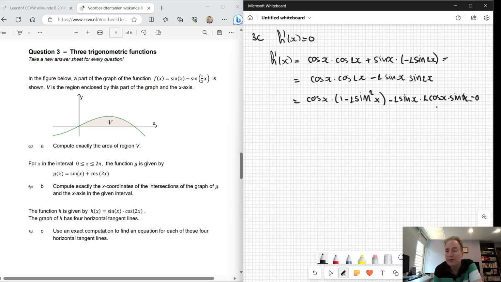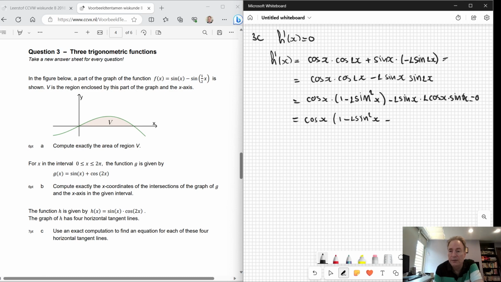You can see here we can factorize the cosine. So you get cosine x, and then you get 1 minus 2 sine squared x.